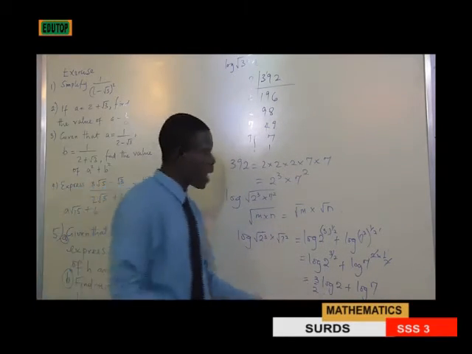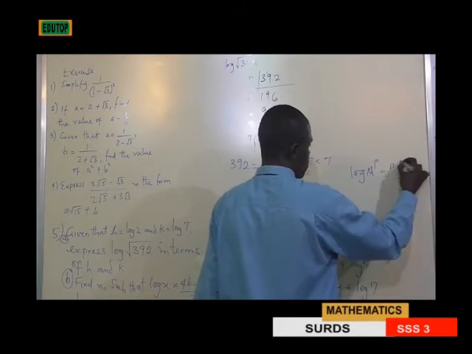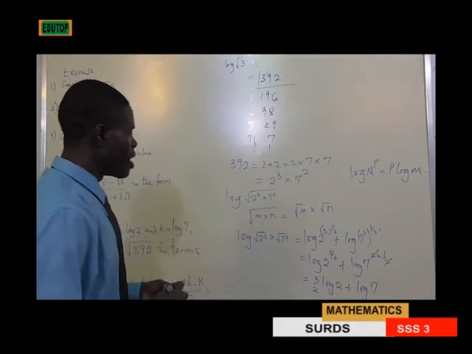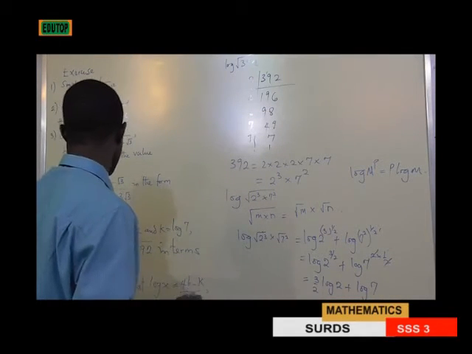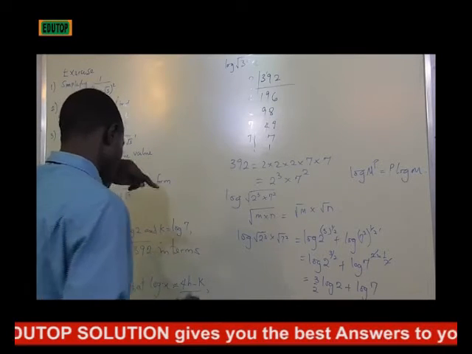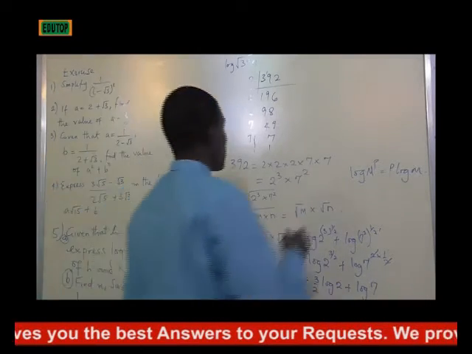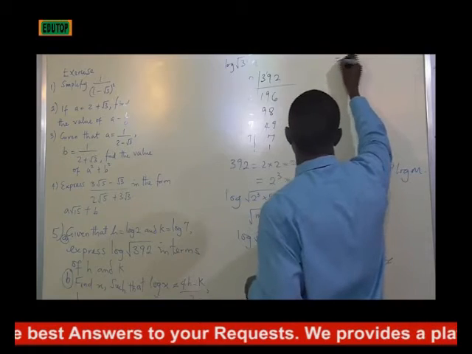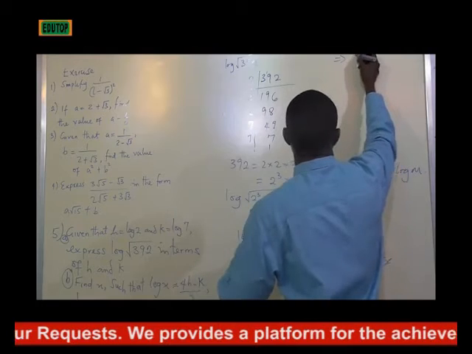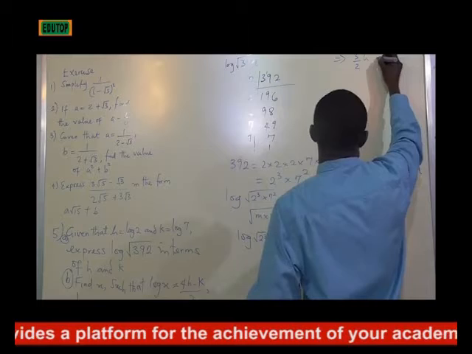So the rule that is applied here is, remember that log n raised to power p is the same thing as saying p log n. And remember that the question gave us h to be log 2 and k to be log 7. So since log 2 is h, I can write 3 over 2 h for this, plus k.